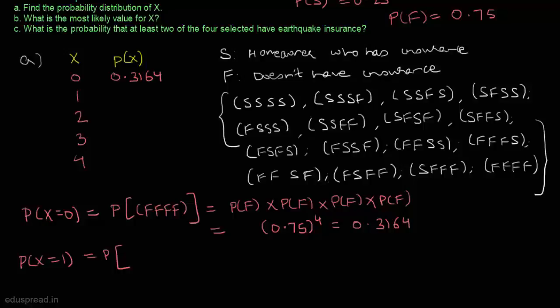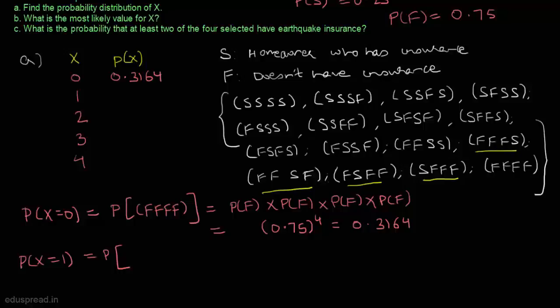So that means the outcome should have only one S. So let's see how many outcomes there are. One is this outcome, one is this outcome, one is this outcome, and one is this outcome. And I guess that's it. We have 4 outcomes with only one S.